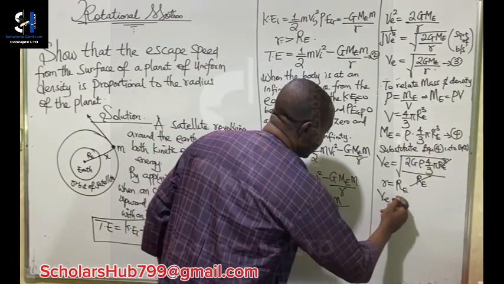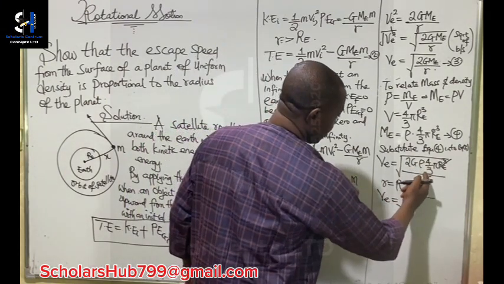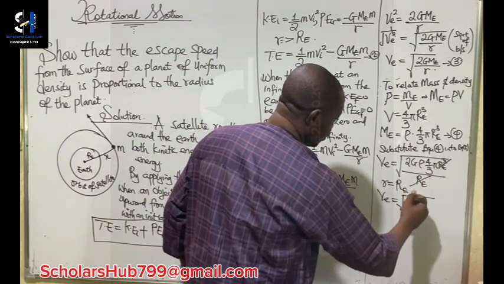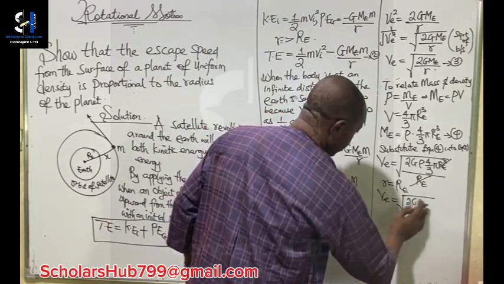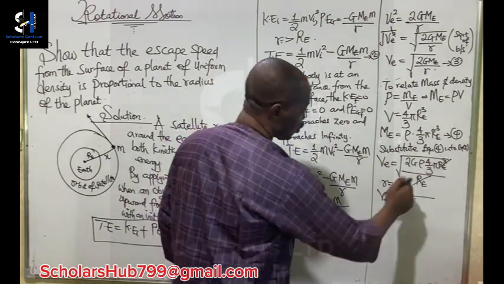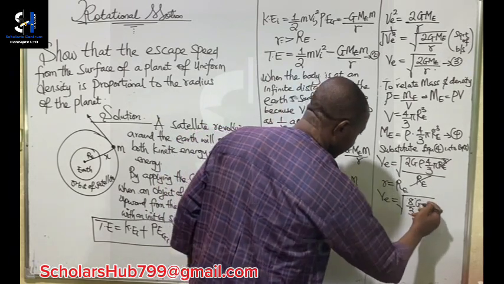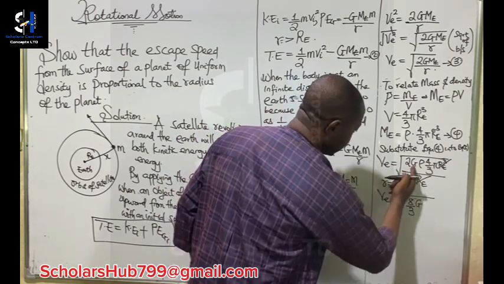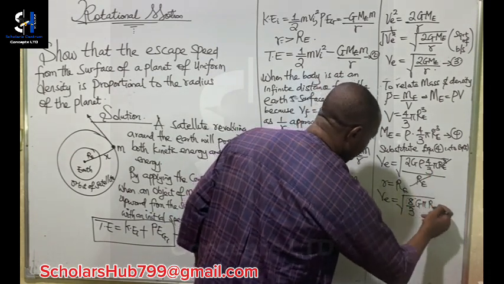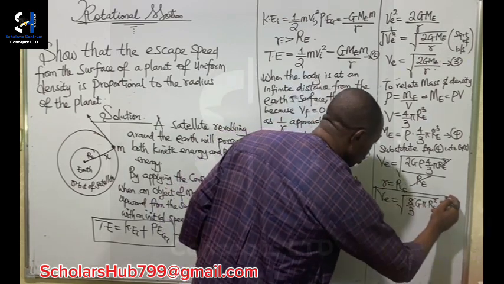So we are going to have the escape velocity equal to the square root of, this will be 8 over, the square root of 4 is 2, so this will be 8/3 G pi Re raised to the power of 2.